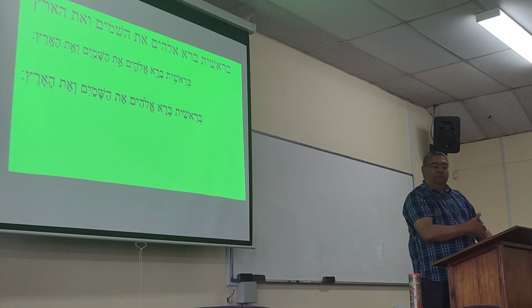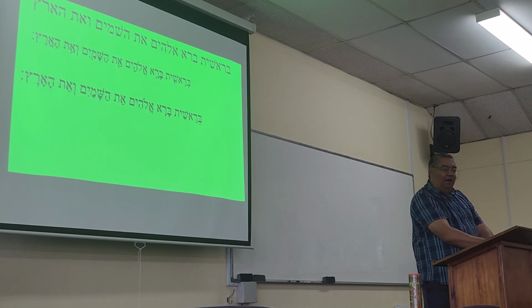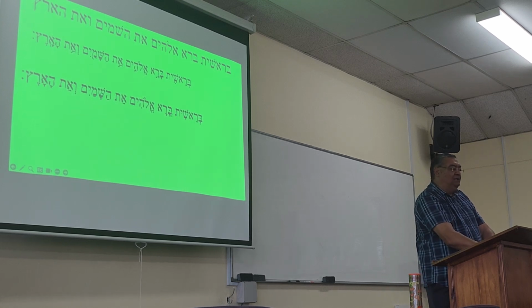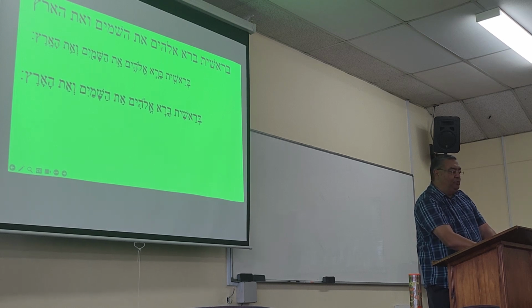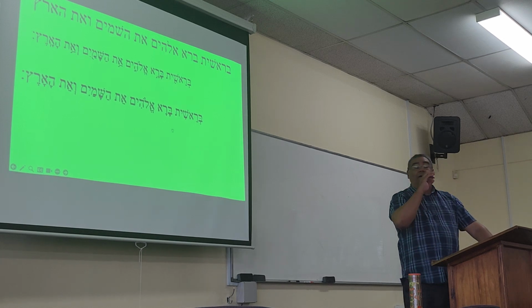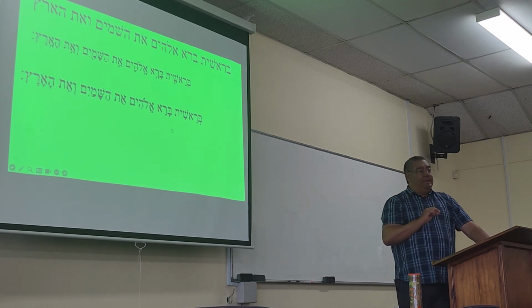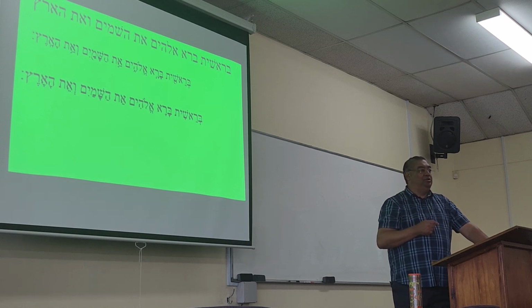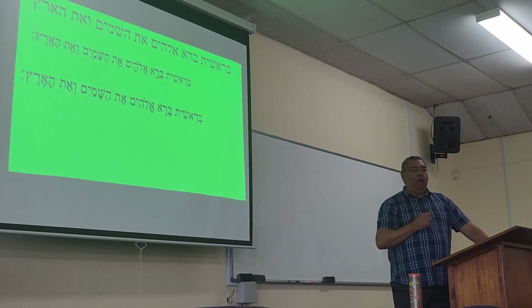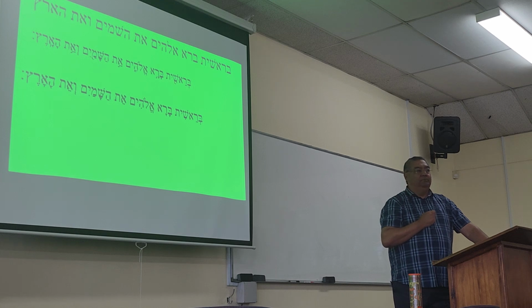So let's start with a simple word, the second word. Consonantally, it consists of a bait, a resh, and an aleph. Over here, you see the bait with a dot in it. That dot is a dagesh lene. It means that when you say this bait, you say it with a hard pronunciation, as b. That's the sound that a bait makes.